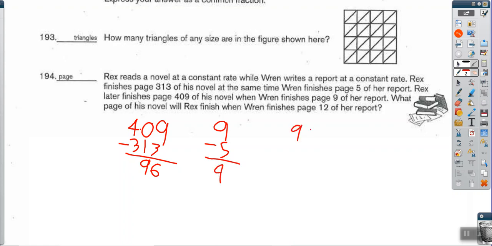And you do 96 divided by 4, which is 24. And then if you do 24 times 3, because she's going to do 3 more pages to get to 12, you get 72. You add 409 and 72 and get 481.